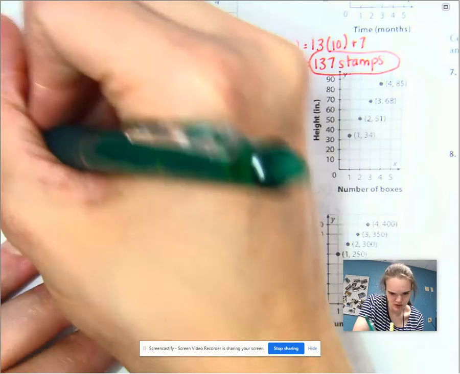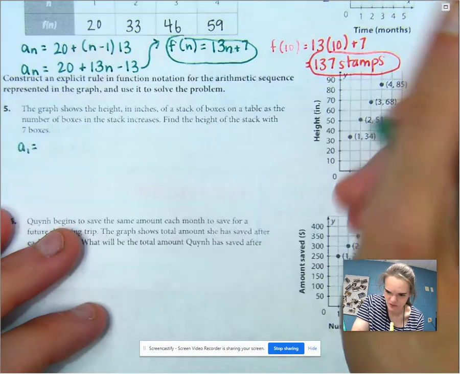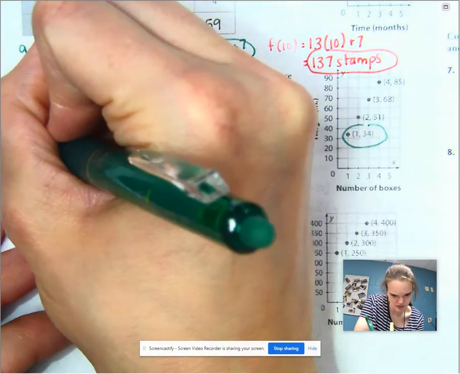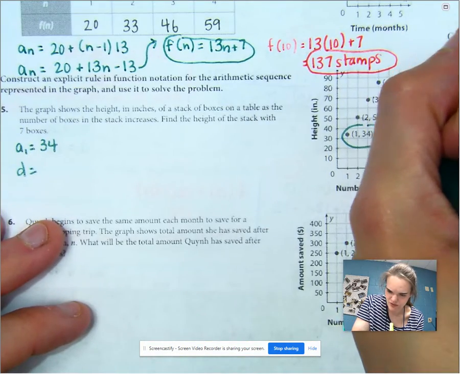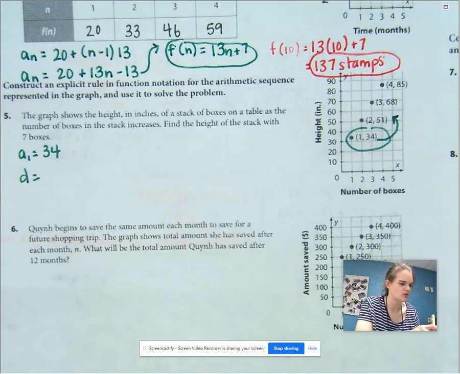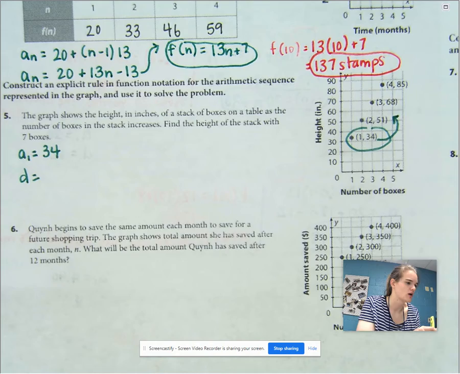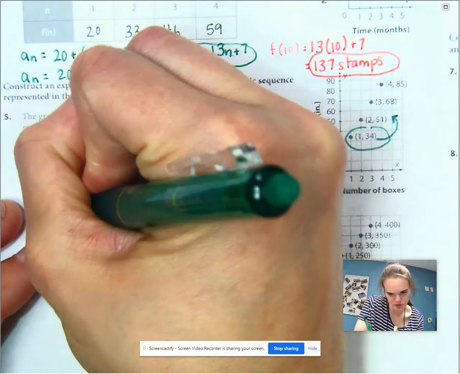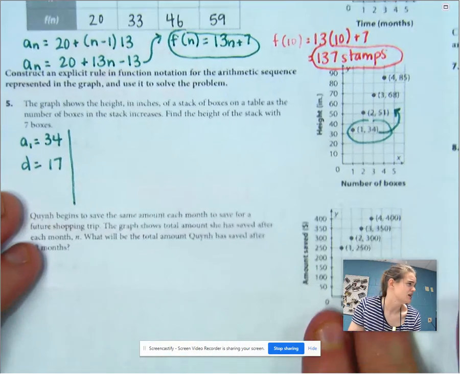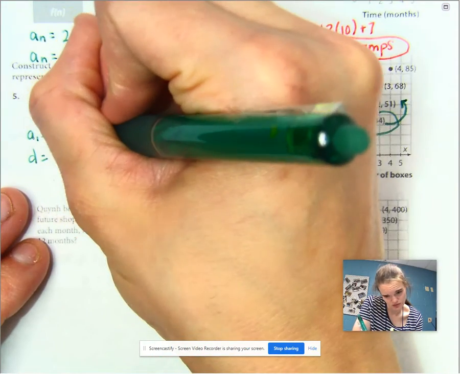A sub 1 is the first term, 34. D is whatever we did to get from 34 to 51. So to find that, I'm going to do 51 minus 34. And I get 17. That's the first part. I did a sub 1 and d. Then I'm going to write the function.